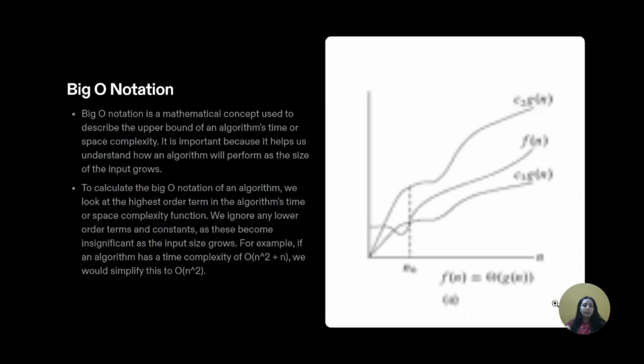To calculate the big O notation of an algorithm, we look at the dominant term. For example, O of n power 2 plus n, we would simplify this into O of n power 2.